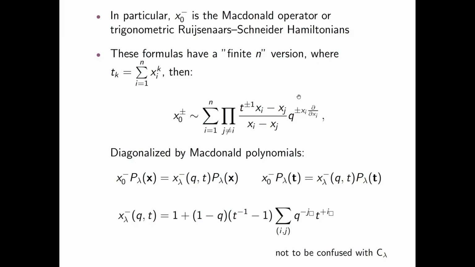But then it's just a trigonometric type of Hamiltonian. It's known that this Hamiltonian is diagonalized by Macdonald polynomials with an explicit eigenvalue, given in terms of functions that depend on the coordinates of the box in the partition. You can think in both ways, either as a function in the x variables or in the t variables. You either use this formula or this formula, of course, up to many peculiarities.